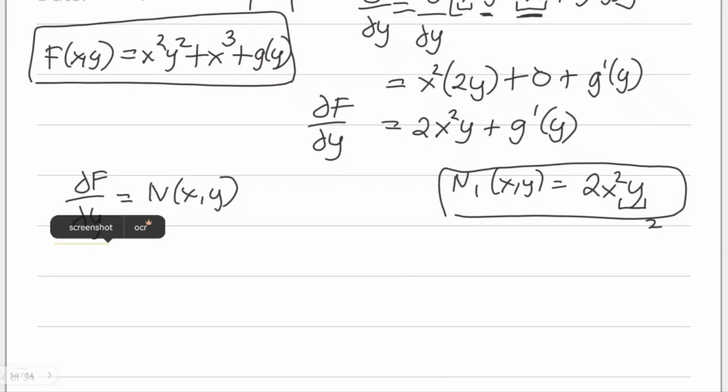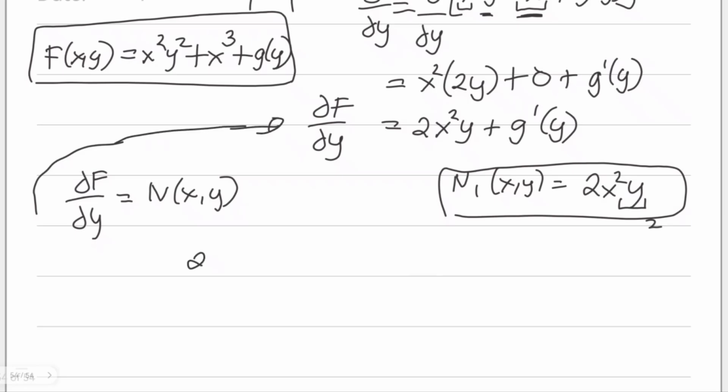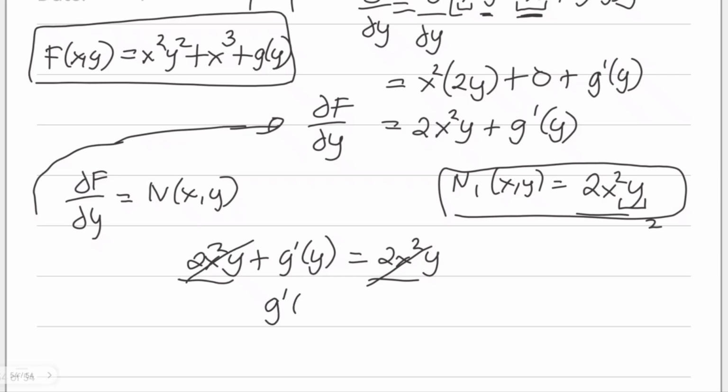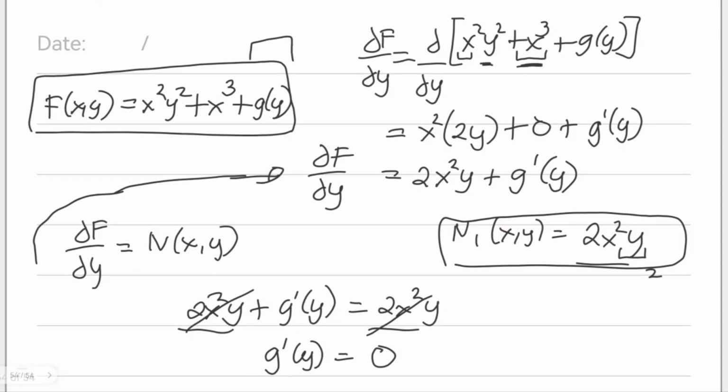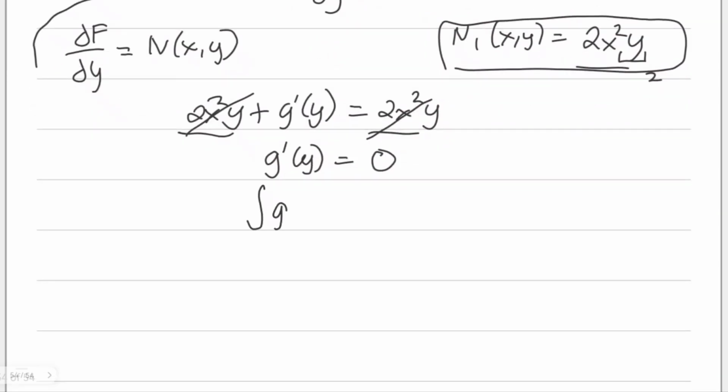That would mean we can equate them. So you have 2x squared y plus g prime of y is equal to this 2x squared y. Obviously, we have these similar terms on both sides that can be cancelled. You will have g prime of y is equal to 0. Because we would like g of y, not g prime of y, let's integrate g prime of y dy. On the other side, 0 dy as well. So what is now the result here?